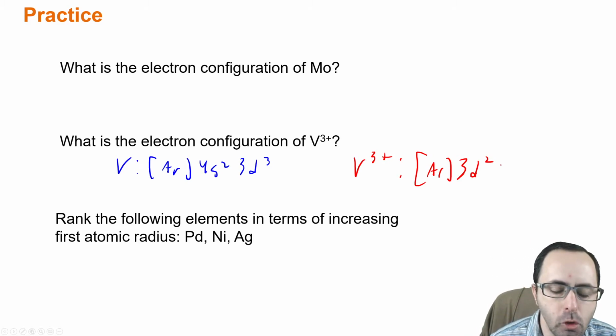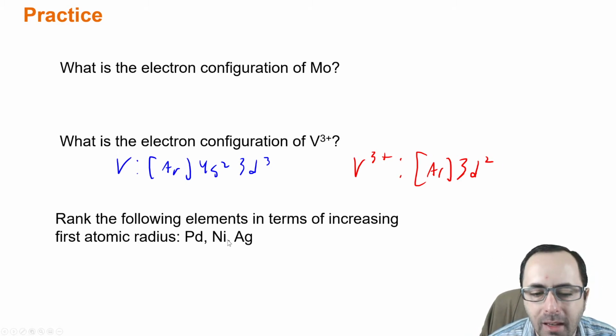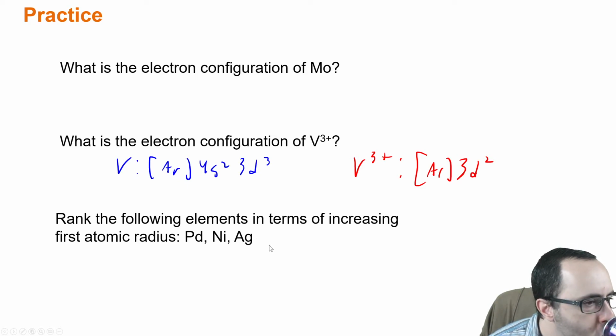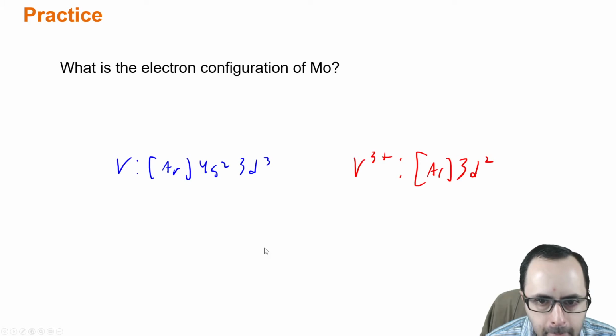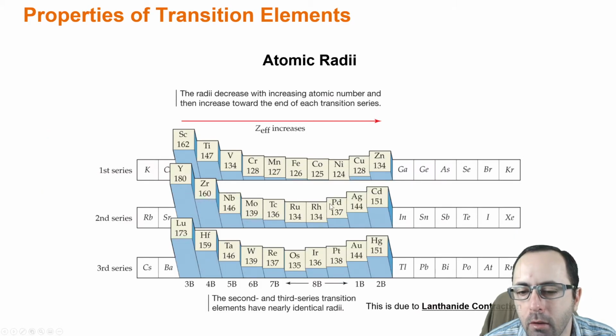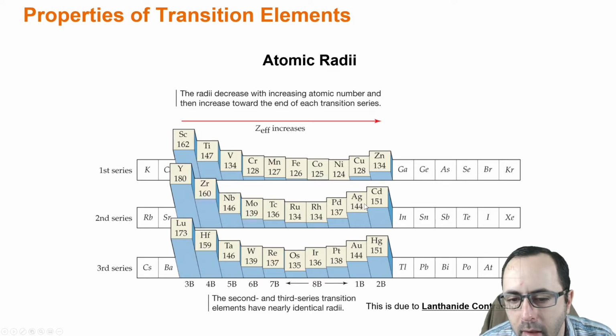Finally, rank these elements, palladium, nickel, and silver, in terms of increasing atomic radius. So for atomic radius, they're right on the end here, nickel, palladium, silver. This is where you have to remember, radii get bigger as you go down because you just got more stuff, except they don't get very much bigger from period 5 to period 6.